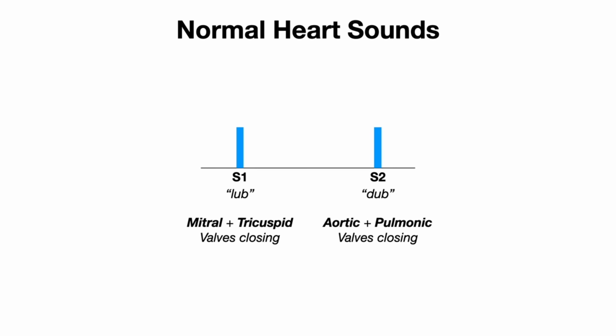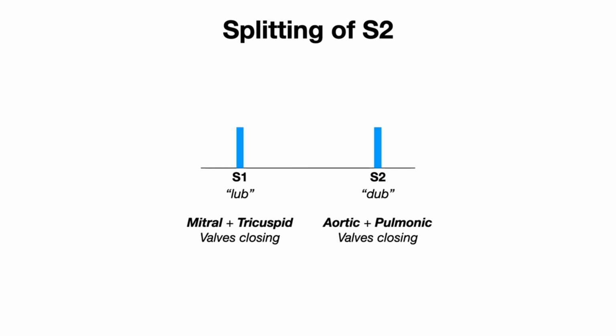So now that we understand normal heart sounds, and we understand S1 and S2, and what's creating those sounds, and what those sounds represent, let's talk about splitting of heart sounds. So when we talk about splitting, what we're talking about is what happens to the S1 and S2 heart sound depending on how we're breathing and what different types of pathology we can have in the heart.